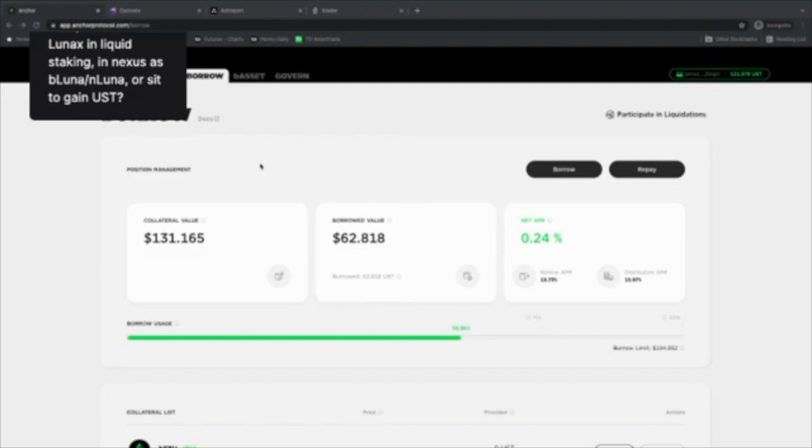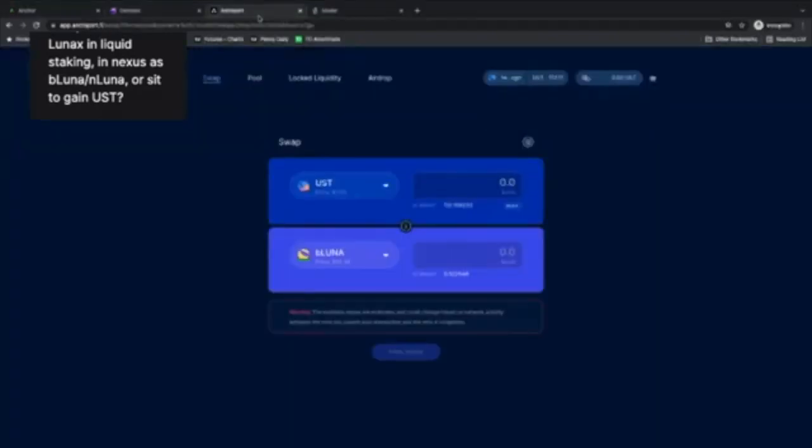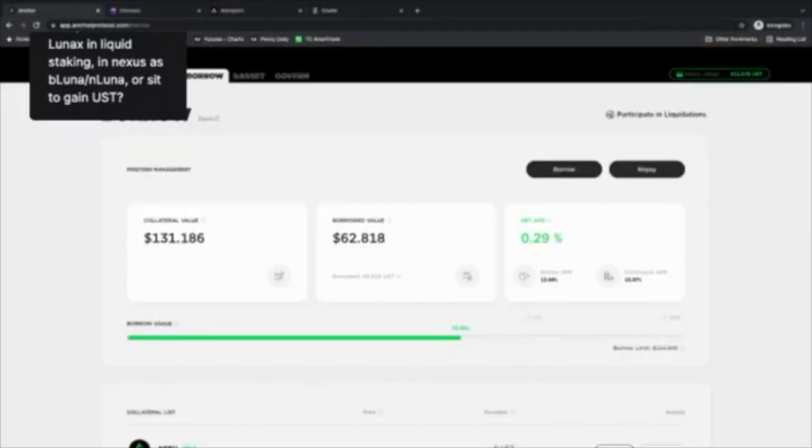Real simple. The market's basically inefficient, and people in a rush tend to sell their bonded Luna to Luna because they're trying to cover loans and stuff. The number of people going in the wrong direction, which is backwards, is actually higher than the people going in the Luna to bLuna direction. So on the AMM, or automated market maker, you lose peg essentially, unless there's an equal number of buyers and sellers. That's the only reason this happens.